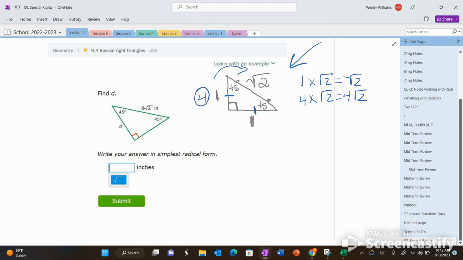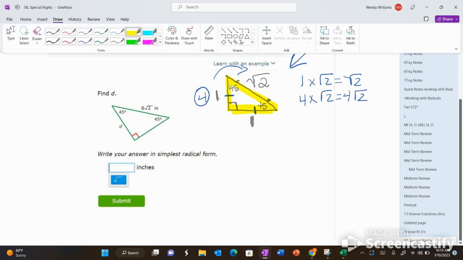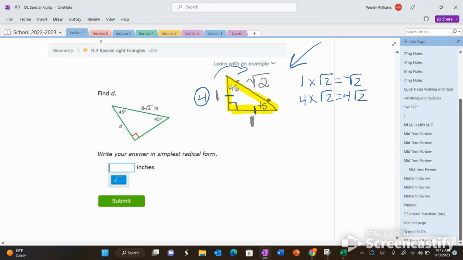So this original triangle that we're looking at, the 45, 45, 90, this is like your template. This tells you what the multiples are between the legs and the hypotenuse. And I said to you, if you can't memorize the pattern, to use the pattern to set up proportions between your template here and the new triangle they give you.